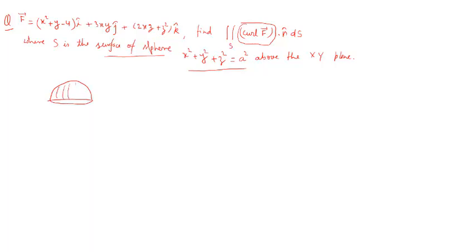This is just the part of the sphere above the xy plane and not below it. So this is a hemisphere. This is not the complete sphere, and it is open from this side. This is not a closed surface. So you cannot apply the Gauss Divergence theorem straightforwardly.